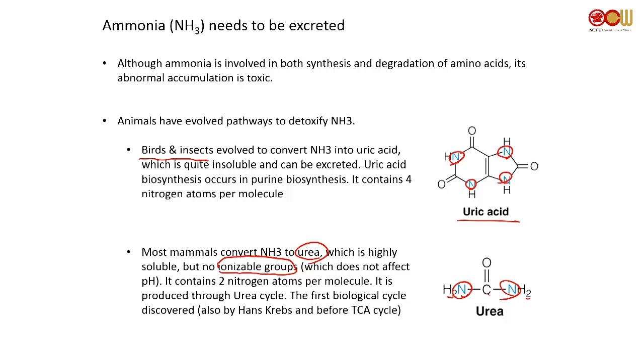But turns out the first biological cycle, okay, cyclic pathway discovered was the urea cycle. Okay, now it was discovered by the same guy that discovered the TCA cycle. Okay, Hans Krebs. Right, 所以同一个人啦，所以你可以想象他 maybe like 很厉害吧。Right?